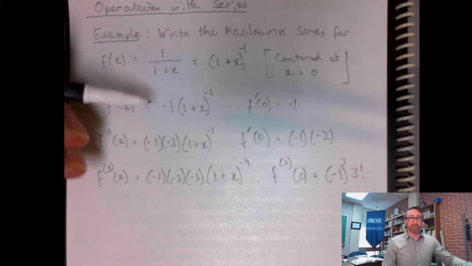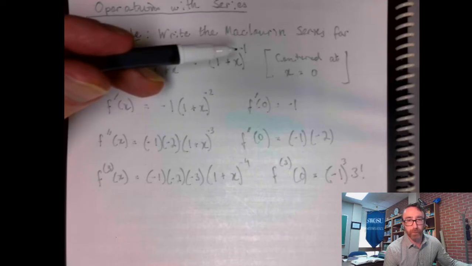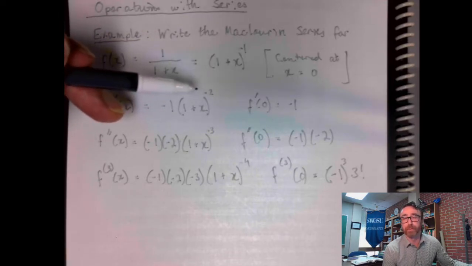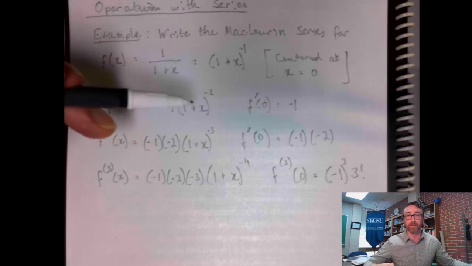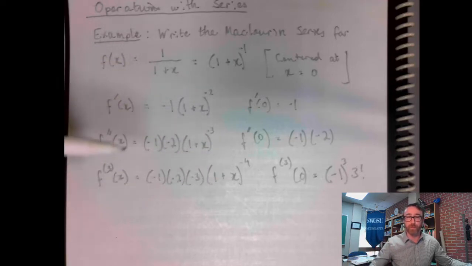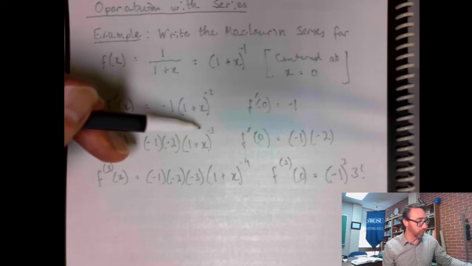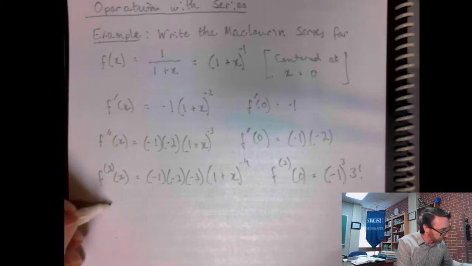Okay, so the pattern I want you to see is we're starting with this negative 1 here. So every derivative we take, the new exponent is going to be 1 less. So we start with an exponent of negative 1, new exponent is negative 2. Differentiate again, now negative 3, negative 4. And every time we differentiate, we're also going to get one additional factor out in front.